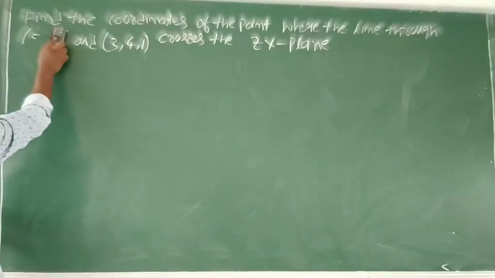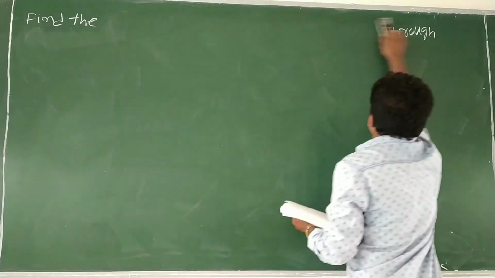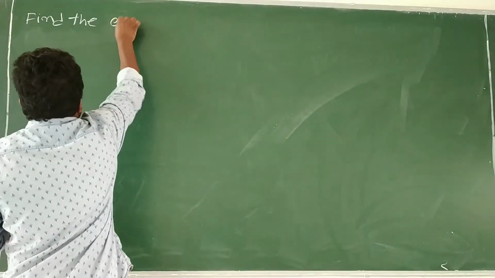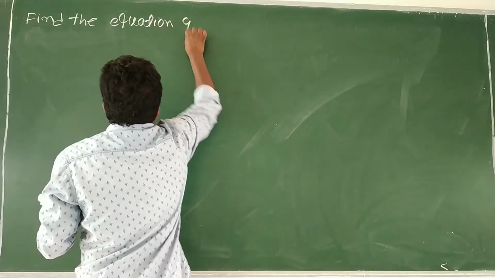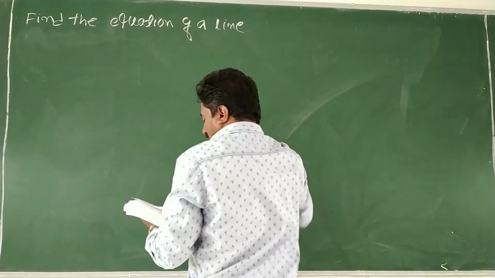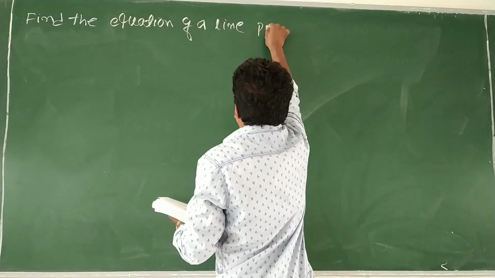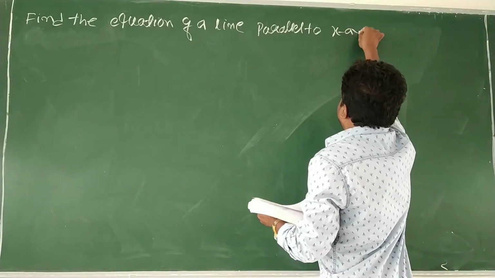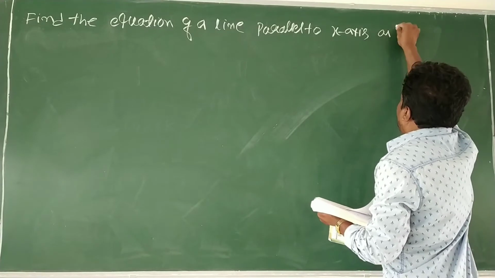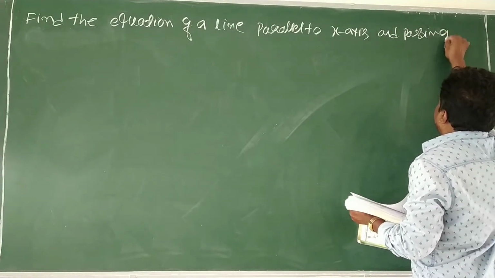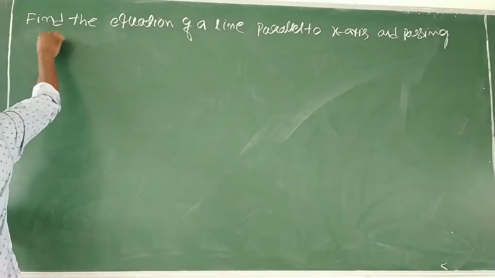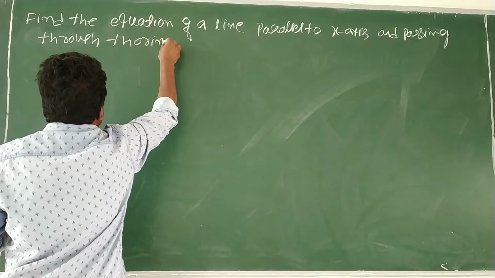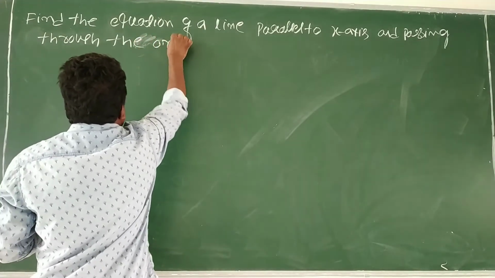Find the equation of a line parallel to the x-axis and passing through the origin.